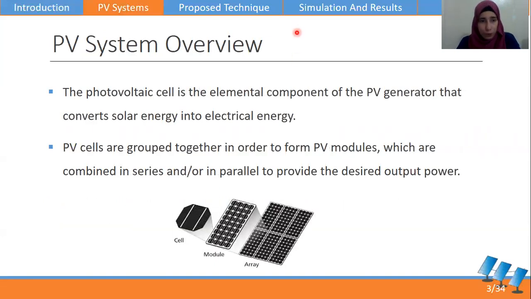PV system overview. The photovoltaic cell is the elemental component of the PV generator that converts solar energy into electrical energy. PV cells are grouped together to form PV modules, which are combined in series and or in parallel to provide the desired output power.